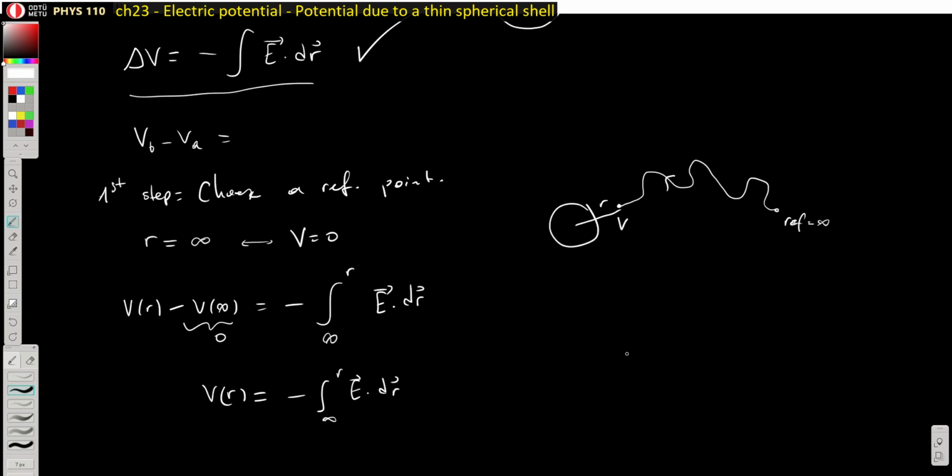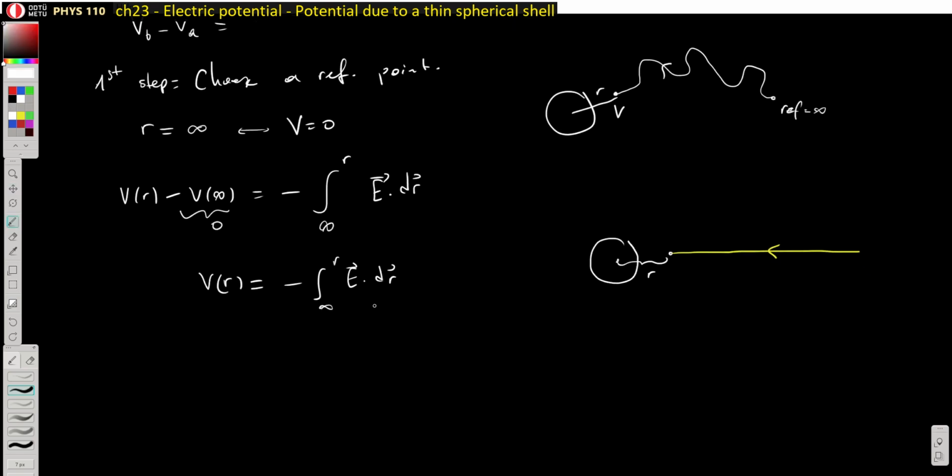Obviously, in all of these cases, let's say that this is r, I'm going to choose the path to be a straight line starting from infinity and ending up in here. At this point I can use some calculus techniques, for example, changing the integration boundaries. This corresponds to changing the path of integration, changing the initial and the final points. If I do that, then the integral changes sign.